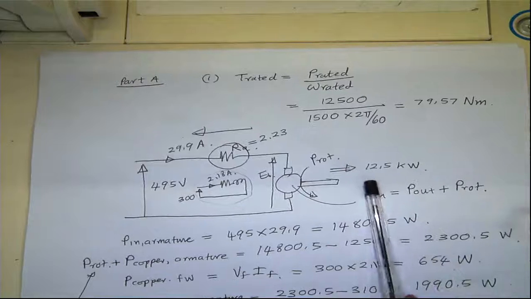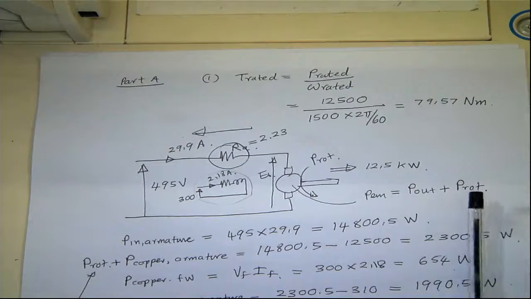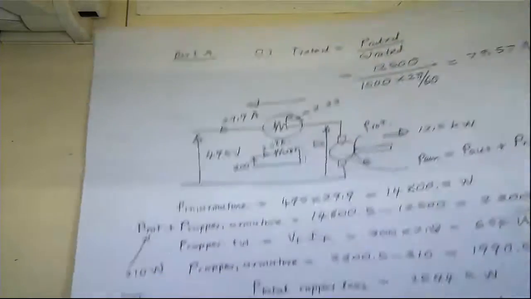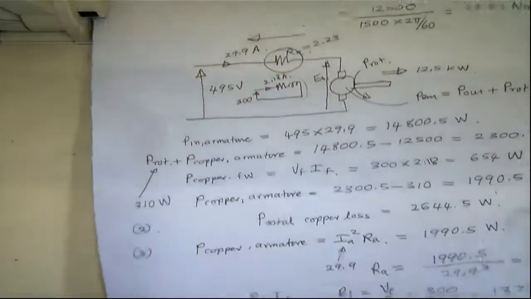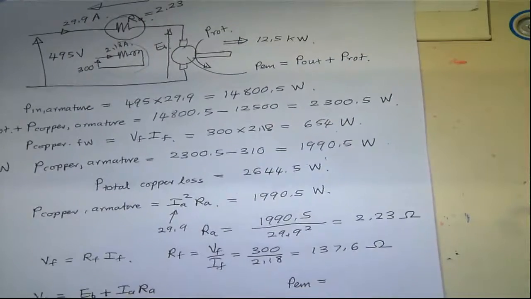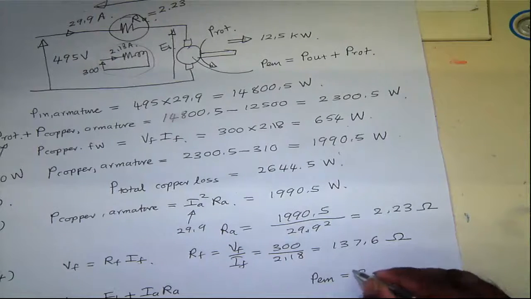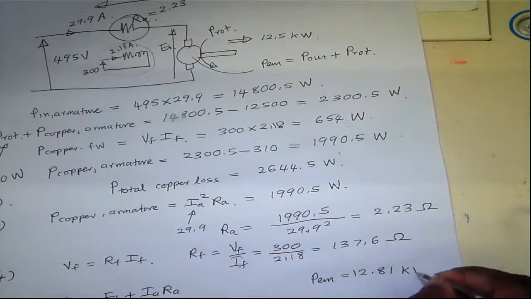So you have 12.5 kilowatt output power and then 310 watt rotational losses. So PEM will be 12.5 plus 0.31, which is 12.81 kilowatt.